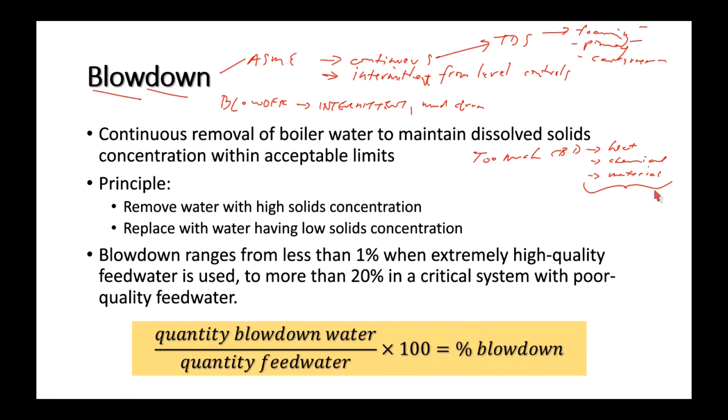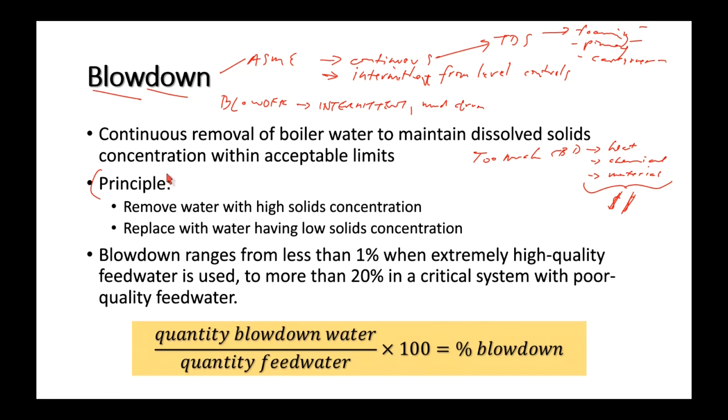And because it wastes all of that stuff, it costs us money. And so what we're trying to do is run our plant economically, so just the right amount of continuous blowdown. So our water treatment rep will prescribe whatever control range we want to have for our TDS.